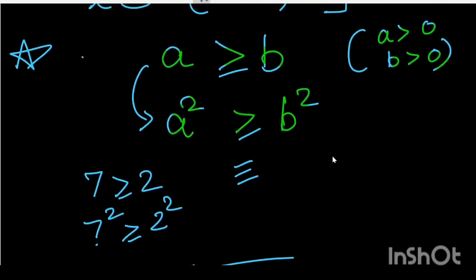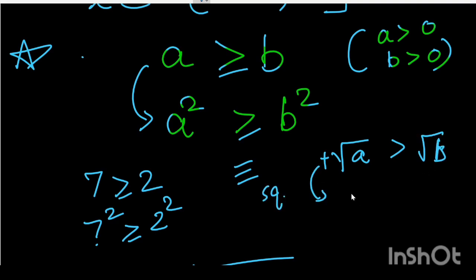Before solving this question, we can also show that since root a, which is plus root a by default, is greater than plus root b, definitely root a and root b are positive. So if you square both sides, you will get A, and here you will get B, without changing the sign.